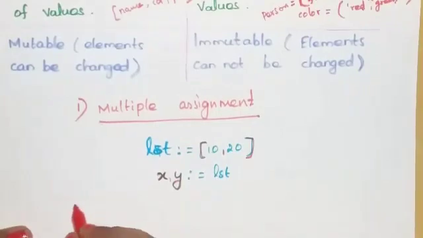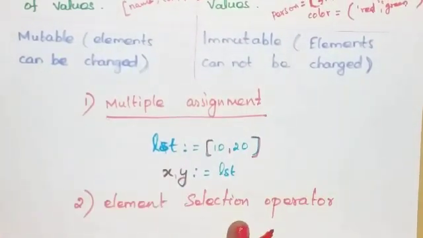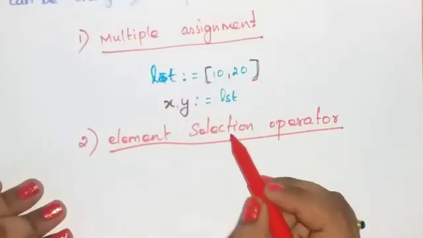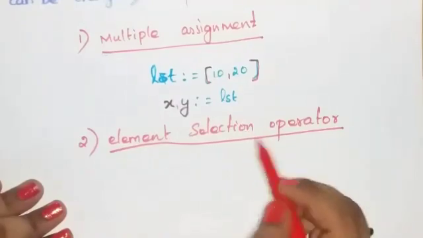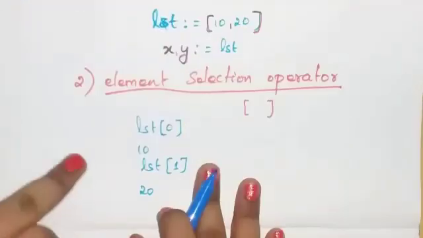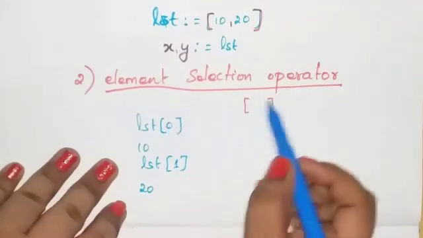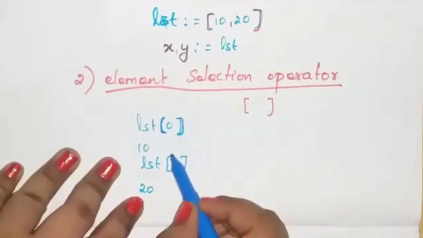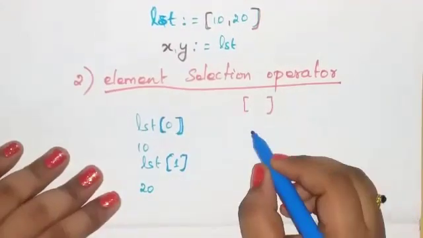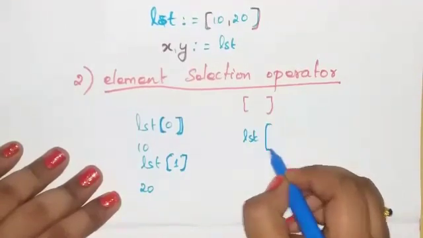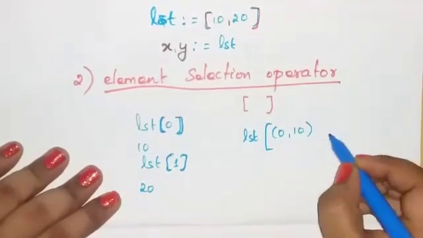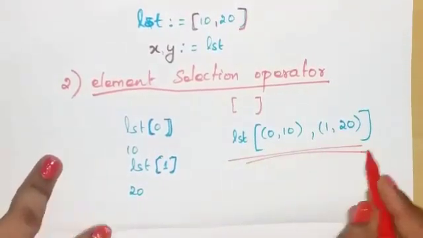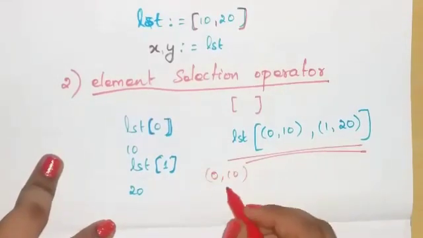Let us see the second method. The second method for accessing elements in a list is by the element selection operator. This operator is expressed by using square brackets. So, for example, this element selection operator is expressed in square brackets here and here. Okay, you can rewrite this list. So this is another form where 0, 10.